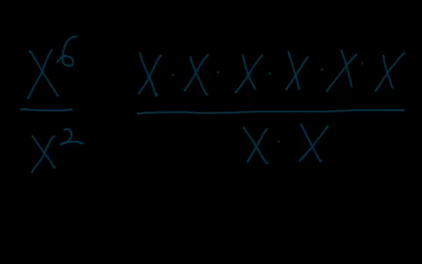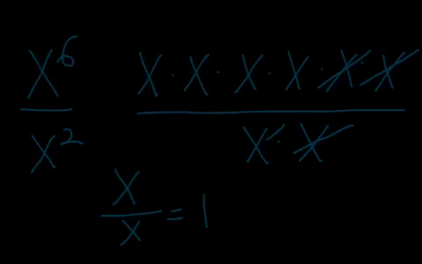Now at this point, we can cancel to simplify. If we have an x on top and an x on bottom, those cancel out, because remember, x over x, that's the same thing as saying 1. And then we can cancel out another x on the top and another x on the bottom.